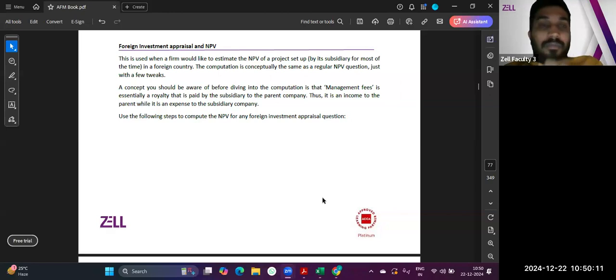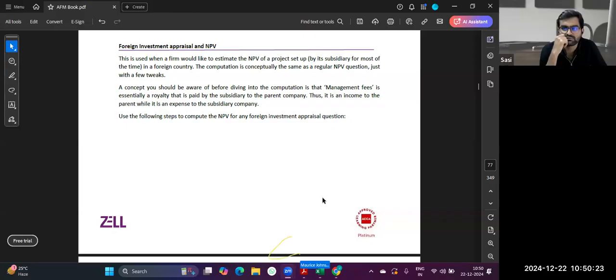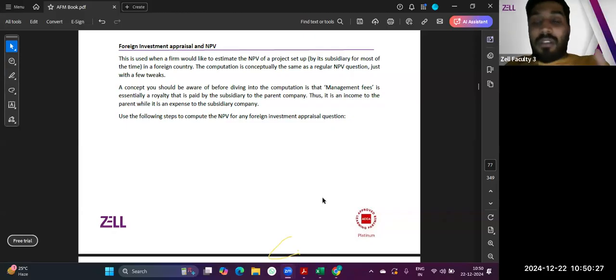But do you think we can use our normal NPV calculation for a foreign country as well? Yes, we can use it. But I'll have to tweak it with some adjustments, right? Because foreign exchange rates change every year.